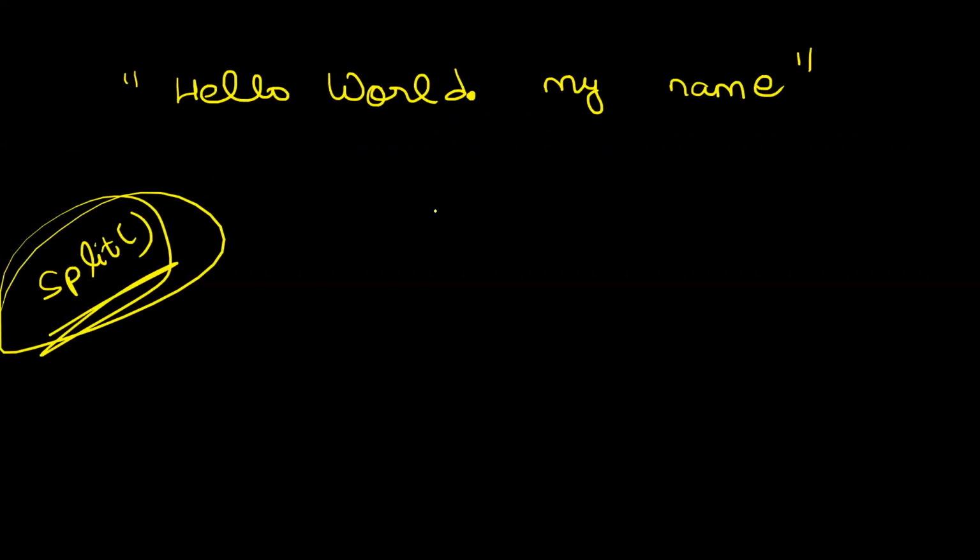Now what happens is the split is a method. And you know what split does? My split method will split my string into multiple parts. So I will do something like this. S dot split. I want to split my string S at what? Let's say I put a space here. That is, I want to split my string at spaces.